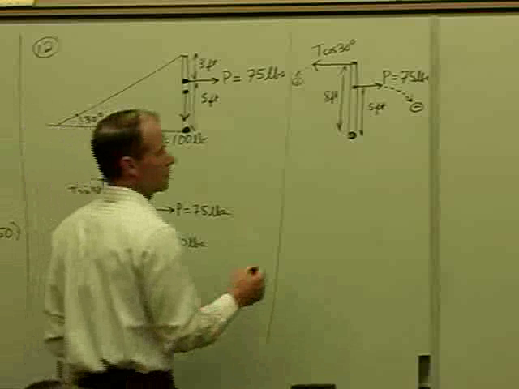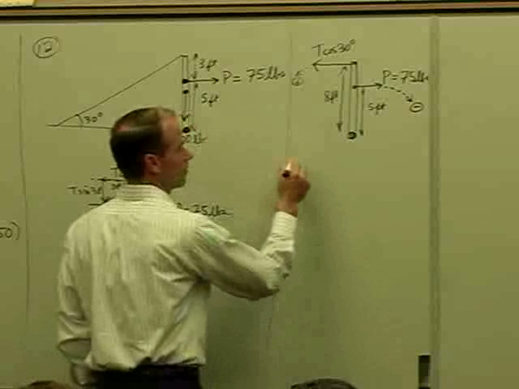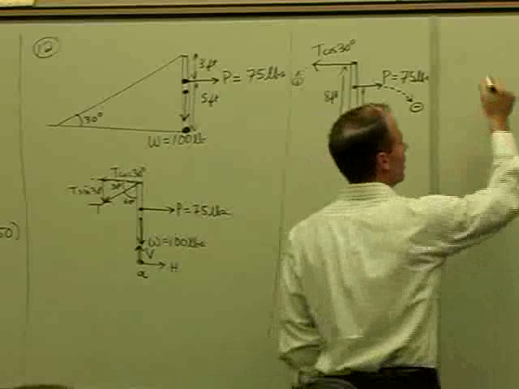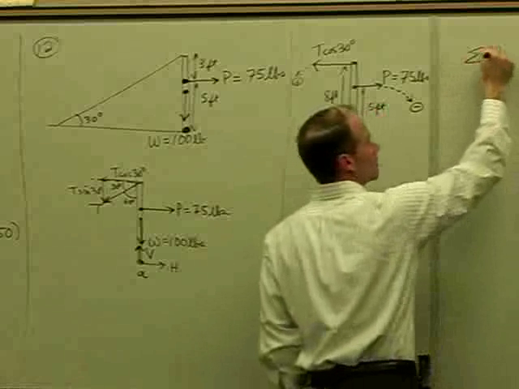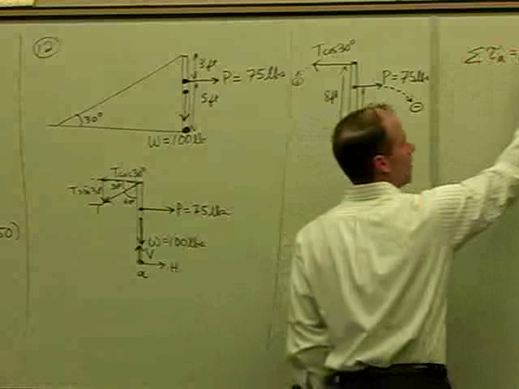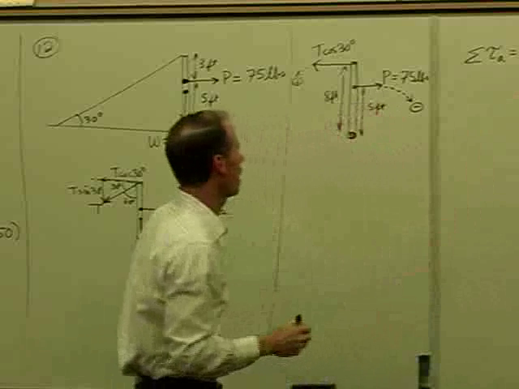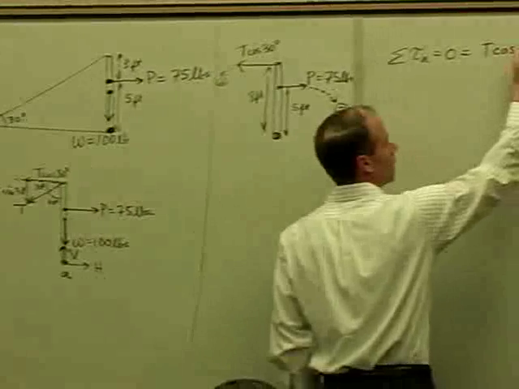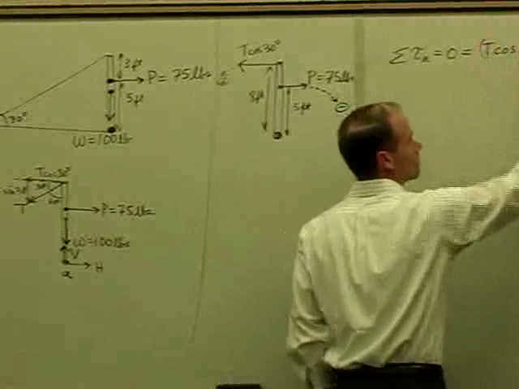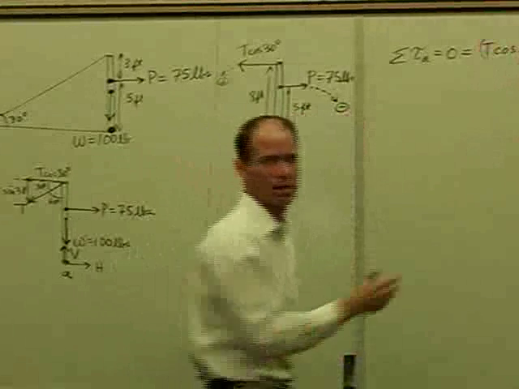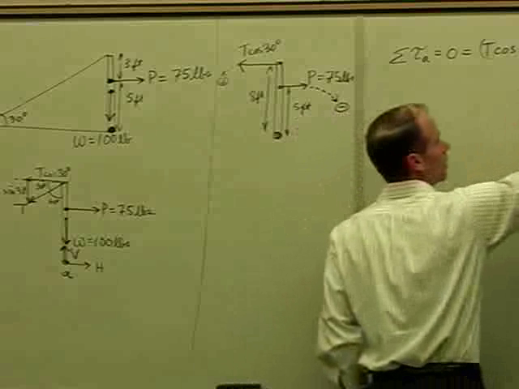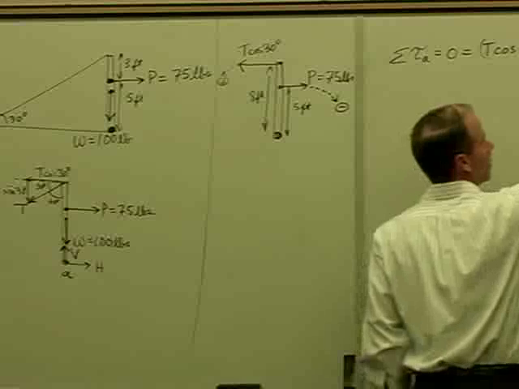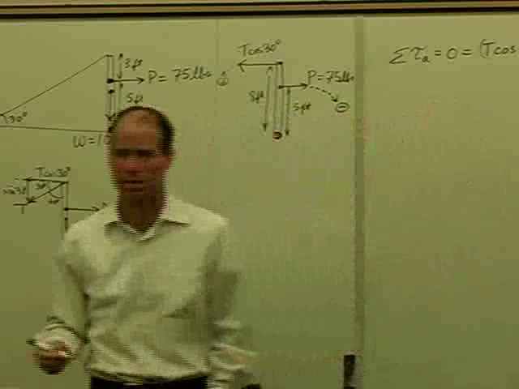All right, so let's try that. Summation of all the torques about A should be 0. And we have T cosine 30 times moment arm of 8 feet, minus P times moment arm of 5 feet.